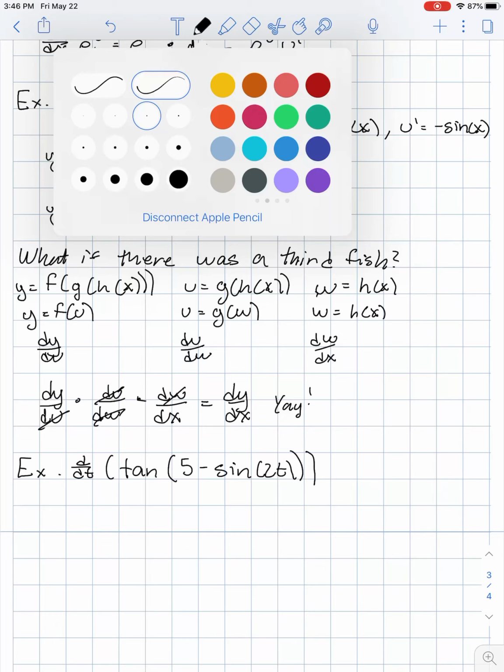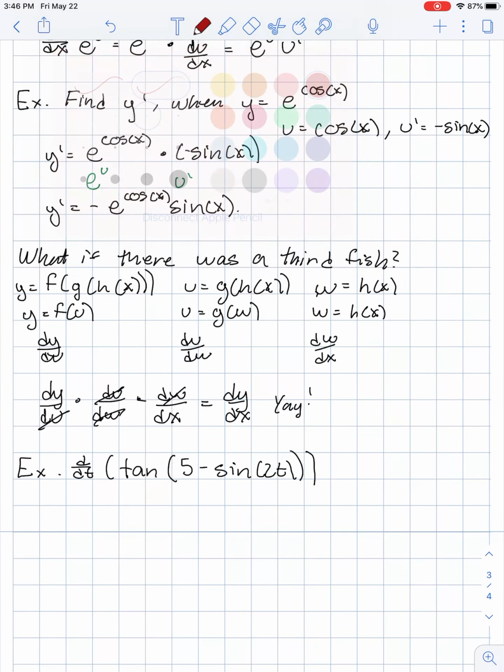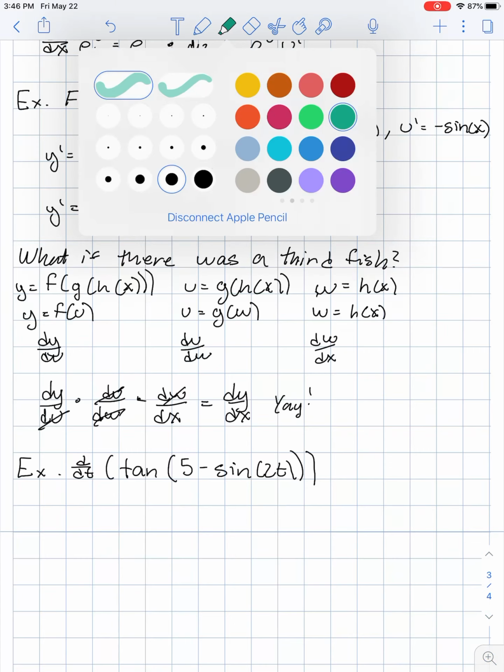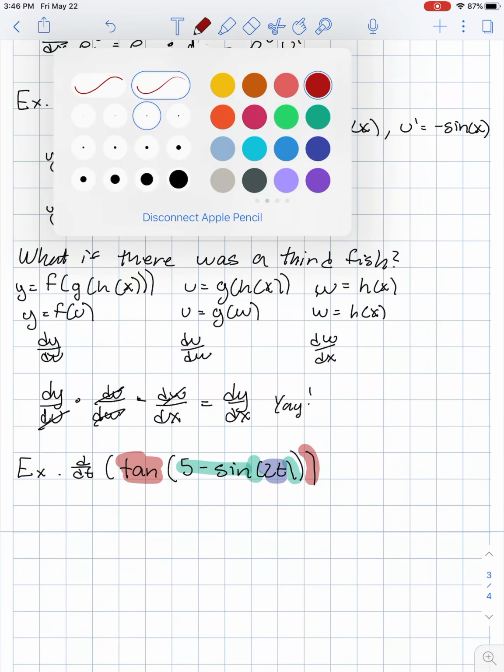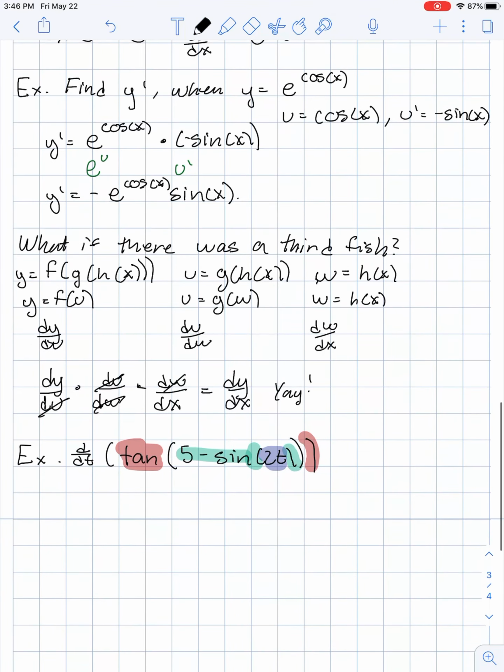Alrighty, so I think f is going to be tangent and that parentheses. And then g is going to be 5 minus sine, in parentheses, and then my most inside function is going to be 2t.